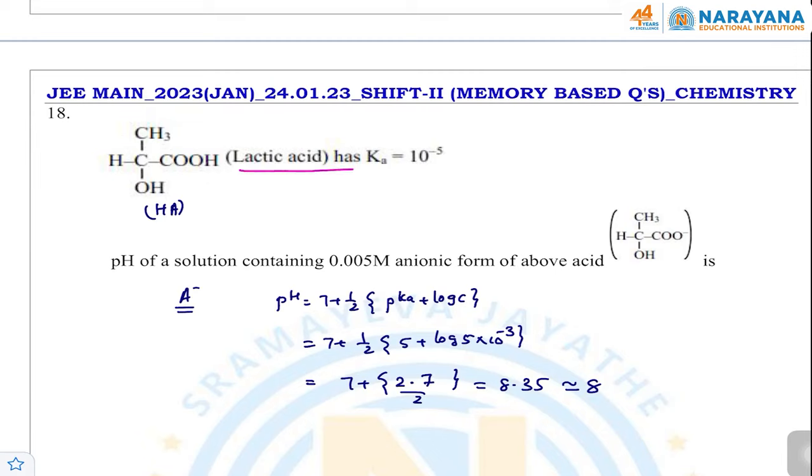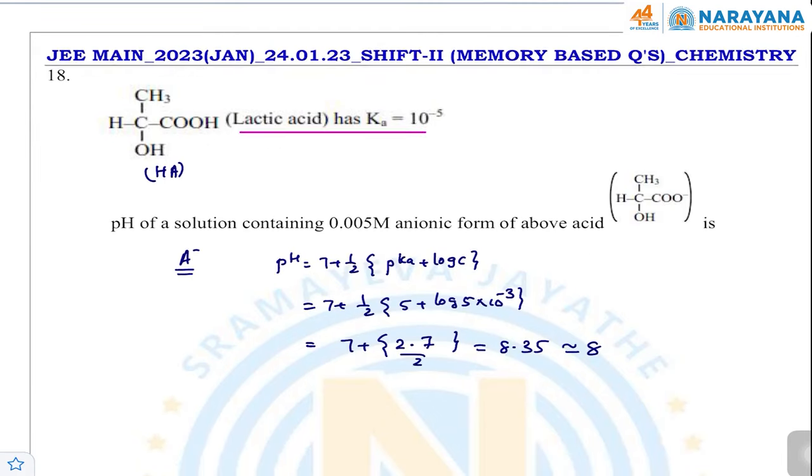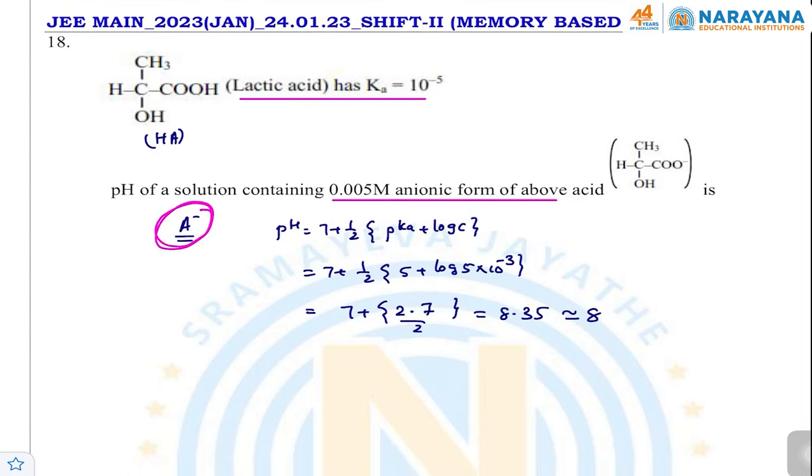Now it is asked, lactic acid is given. What is the pH of the lactic acid salt, the anionic form of the lactic acid? That means we should take the salt of the lactic acid. Now lactic acid salt, generally with a strong base like sodium, is a salt of a weak acid and strong base. So pH will be more than 7. You can apply the formula directly, or you can write the hydrolysis steps and calculate Kh, where Kh equals Kw by Ka, that is equal to Ch square.